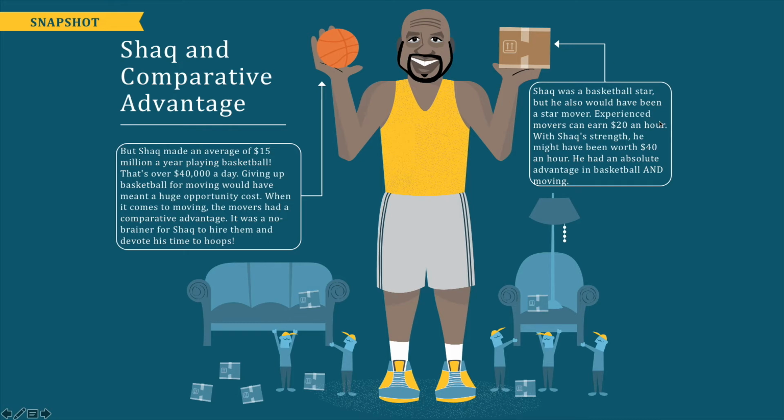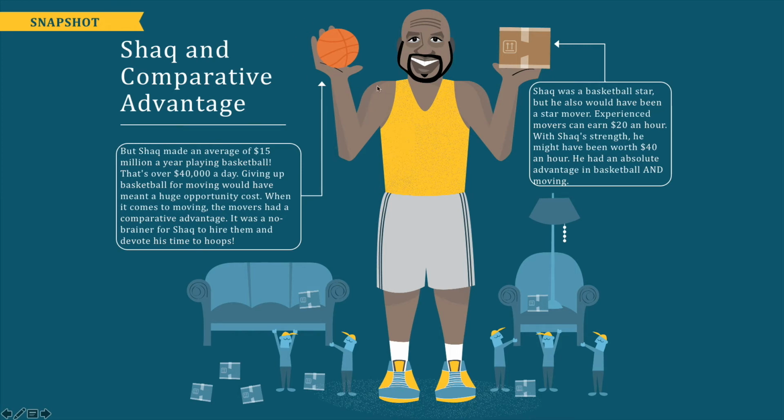Since he's a big guy, he can carry a lot of stuff at the same time. But the question is, why did Shaq become a basketball player? The answer lies in the opportunity cost. Again, remember, if we have two choices and we pick one, since we are making a choice, we have to think about the opportunity cost of our choice.